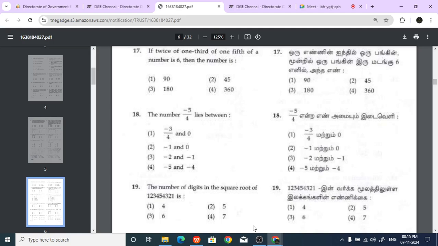Sir, option number 3. Let us wait for the others, then I will give my comments. Others, what are your answers?